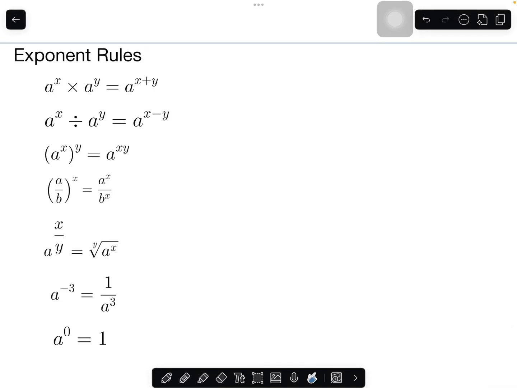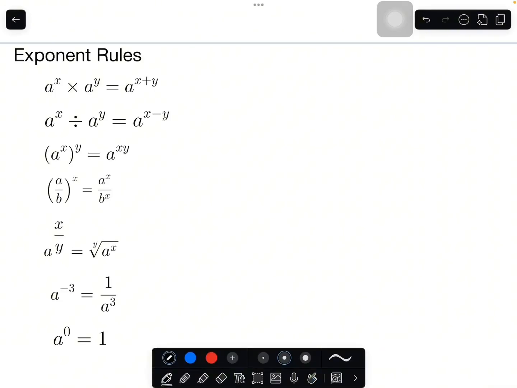So looking at our exponent rules, our first exponent rule is that when we have a to the power x times a to the power y, we add. So when we have like bases, we add exponents. That will look like, if I had x to the power 2 times x to the power 3, I would then get x to the power 5.